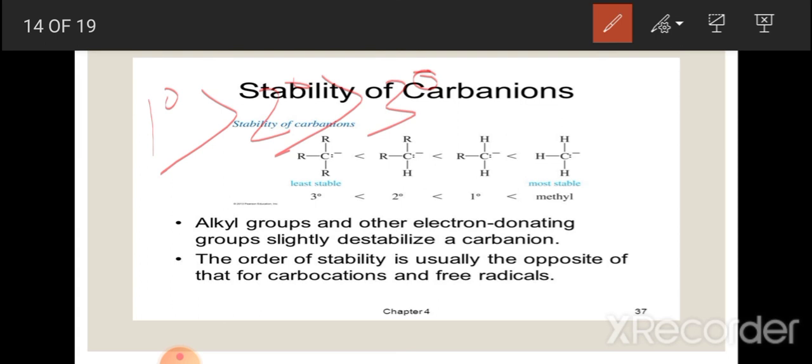Alkyl groups and other electron donating groups slightly destabilize a carbanion. The order of stability is usually the opposite of that of carbocations and free radicals. Reactivity will be opposite of the stability.